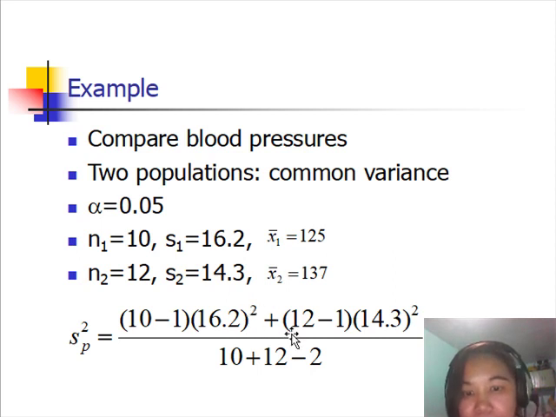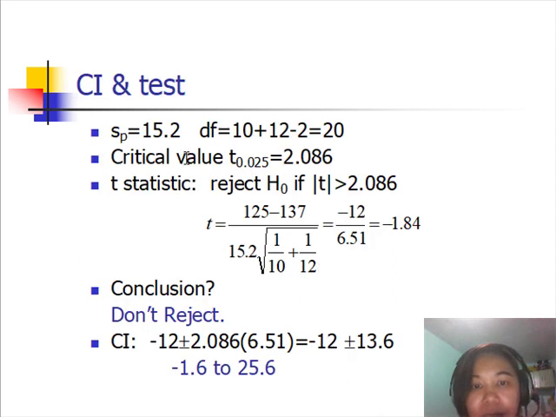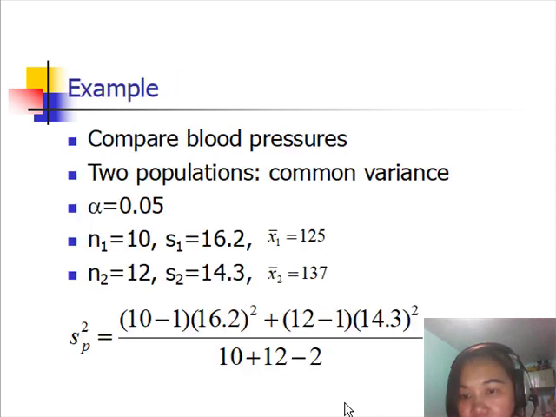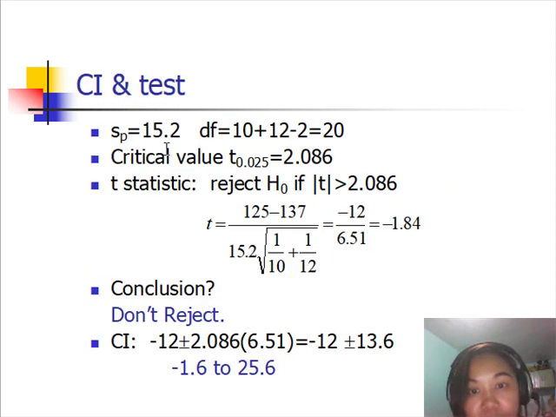And then n sub 2 is 12 minus 1. Then its standard deviation is 14.3, so square it to get the variance. And this is n sub 1 plus n sub 2 minus 2. So use your calculator to solve. You will get 230.6. Okay, S sub p is just the square root of 230.6. When you get the square root of 230.6, you will get 15.2.